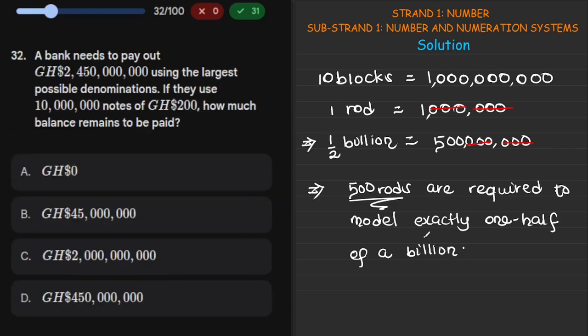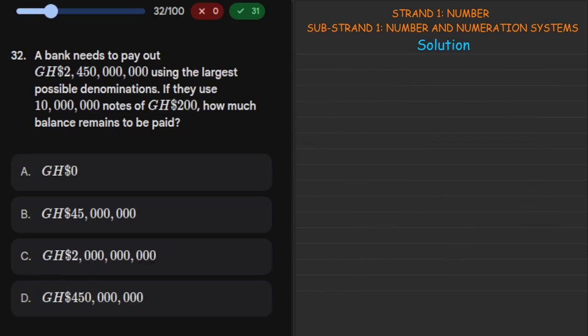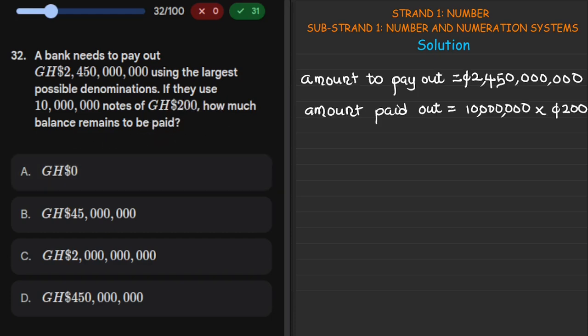Now question number 22. It says a bank needs to pay out 2,450,000,000 cedis using the largest possible denominations. If they use 10 million notes of 200 cedis, how much balance remains to be paid?